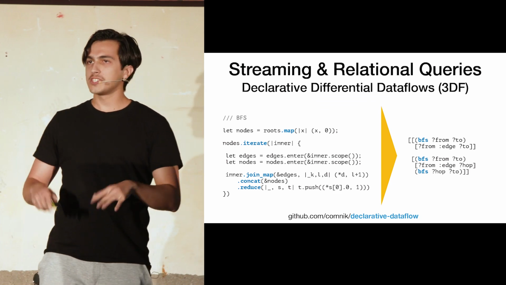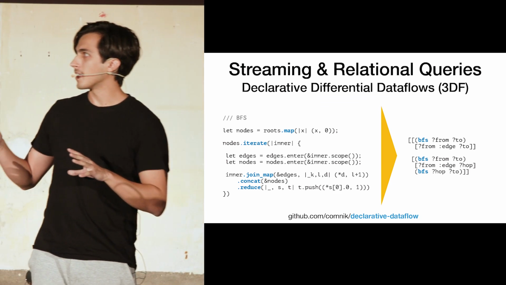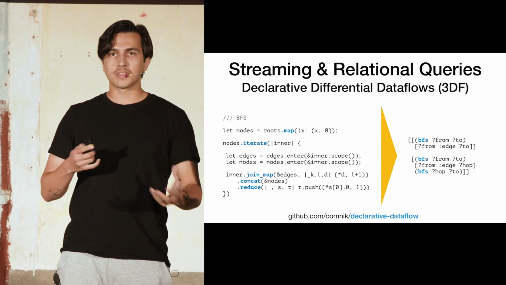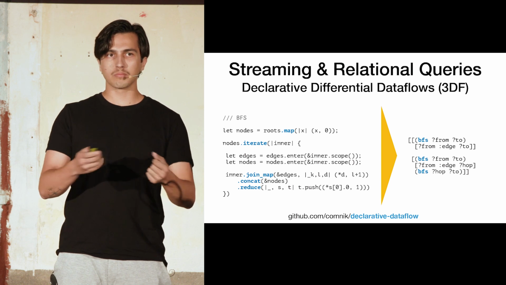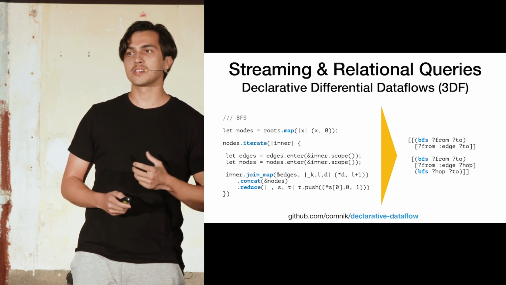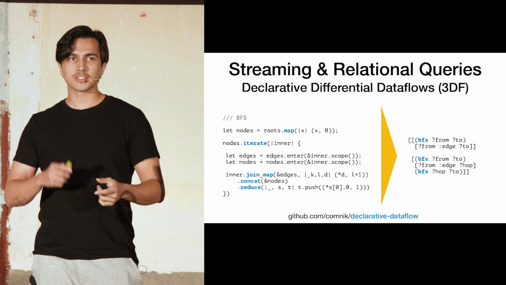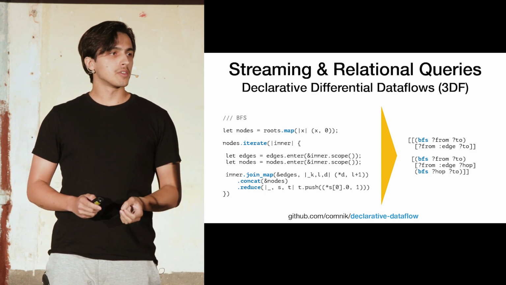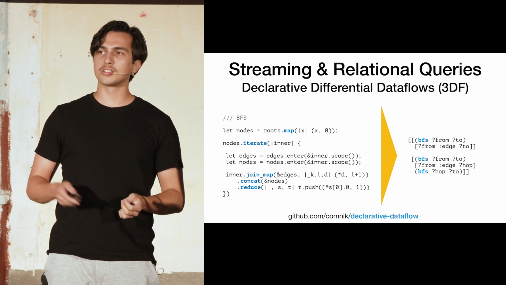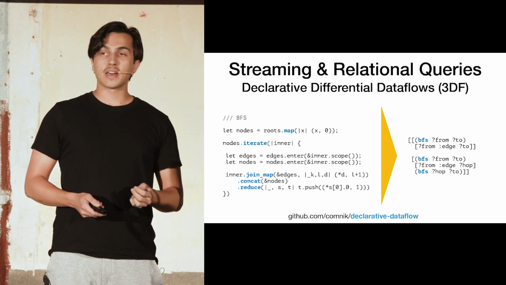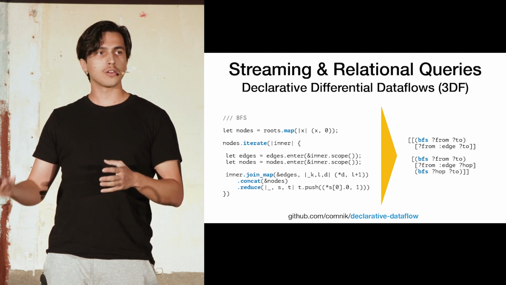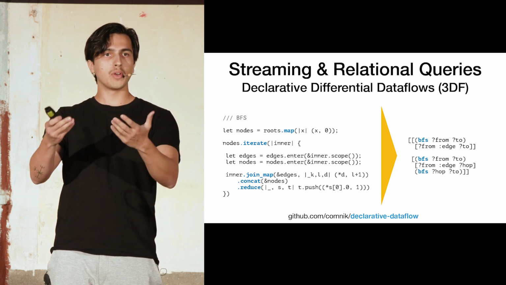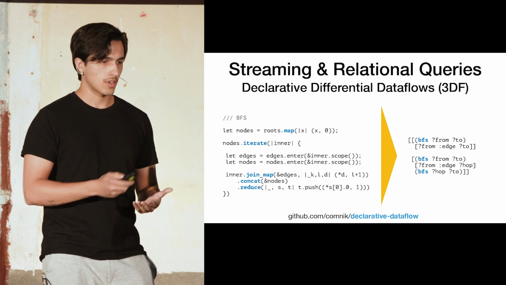Okay, so we've seen how to write all of these recursive graph-style explorative queries. And with this set of operators, we have all the basic tools that we need to implement a high-level relational query language, such as SQL or GraphQL or Datalog in our case. And we actually built this project called 3DF, short for Declarative Differential Dataflows, that implements an interactive Datalog engine over differential data flow that gives you precisely these semantics of queries that update in response to new data.